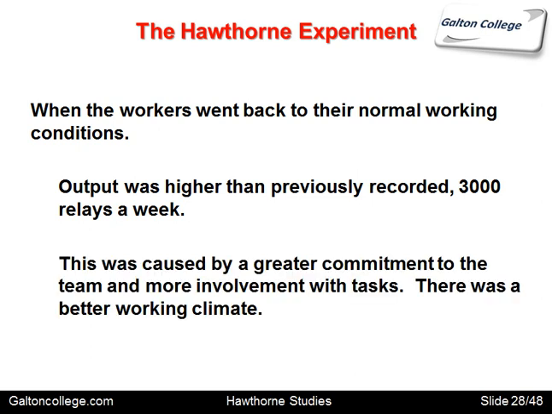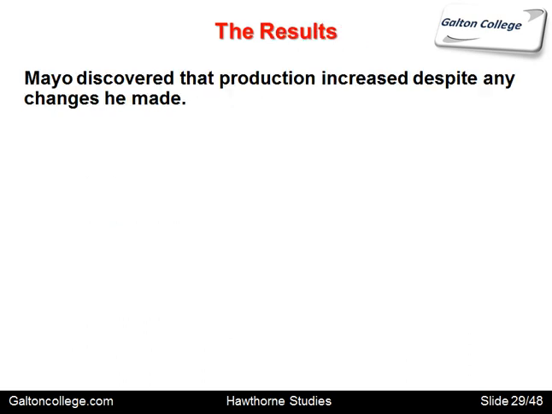This was caused by a greater commitment to the team and more involvement with tasks. There was a better working climate. So the workers related more to the business, and even though they had gone back to the original, they felt more of a relationship with the business, so that output didn't slip all the way back.